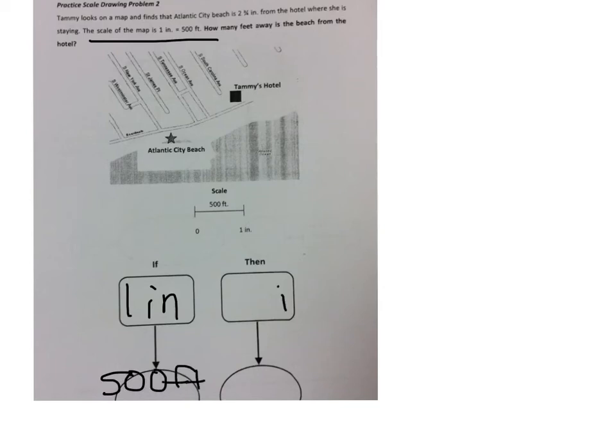And so the label over here is going to be inches, and the label over here is going to be feet. The question is how many feet? I don't know the feet. That's going to be where my X goes. I'm looking for the other number that talks about inches, and up here it says it's 2 3/4 inches, but I'm using a calculator, and 2 3/4 is real hard to punch in a calculator, so I know it's 2 whole. 3/4 is 3/4, so that's the same as 0.75.